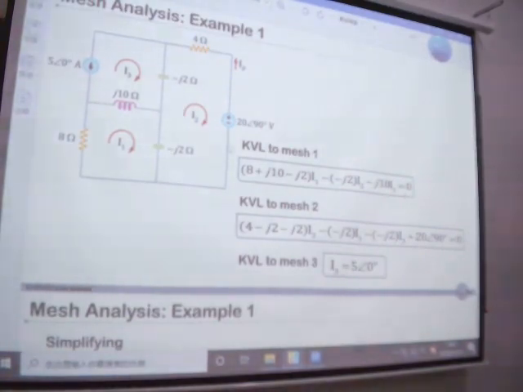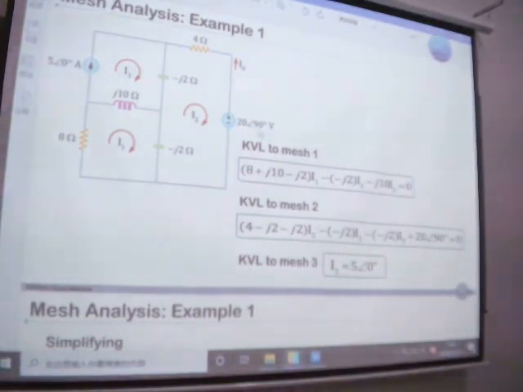Clear? And for mesh 2, we have I2 minus I1 times minus 2j, I2 minus I3 times 2j, and I2 times 4 equal to minus 20 angle 90 degrees.